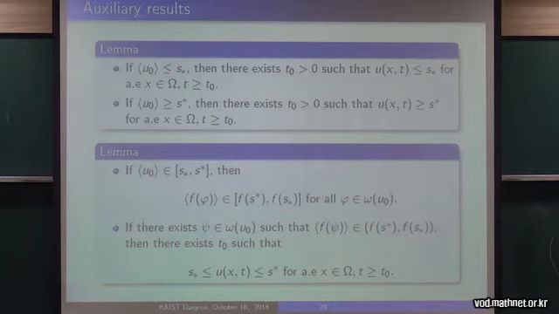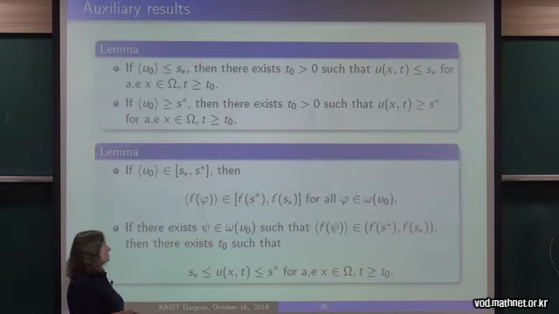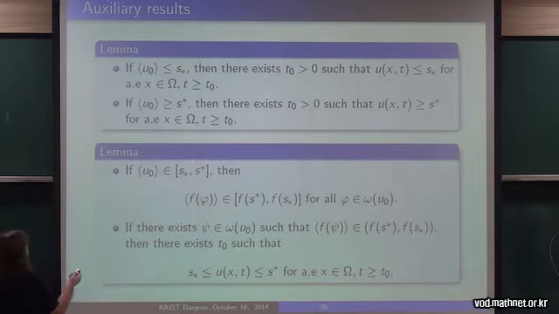First of all, if average of U naught is less than the value S lower star, then there exists a time t naught such that U of x and t will be less than S lower star everywhere for t larger than t naught. On the opposite, if average of U naught is larger than S upper star, then there will exist t naught positive such that U of x and t is larger than S upper star for all t larger than t naught.